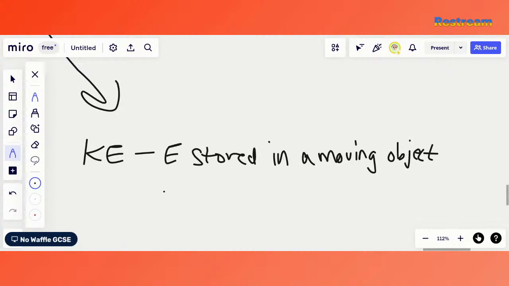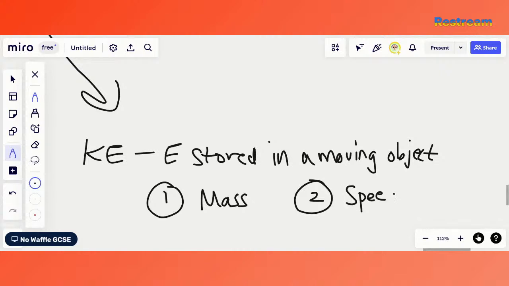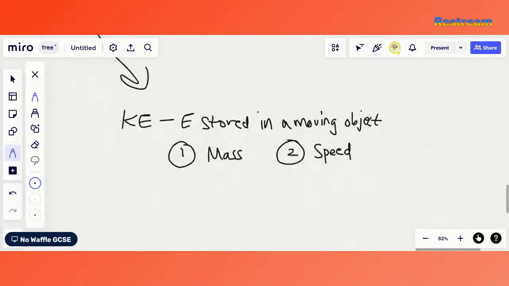The energy in the kinetic energy store depends on two things: mass, which is how much something is made of, and the speed. It's kind of logical if you think about it. If you're thinking about how much energy you have in your movement, you have to think about your mass and your speed. And that's where we get the equation that kinetic energy is equal to half times mass times velocity squared. But of course, you're going to be given that in the exam, so don't spend too much time revising that.